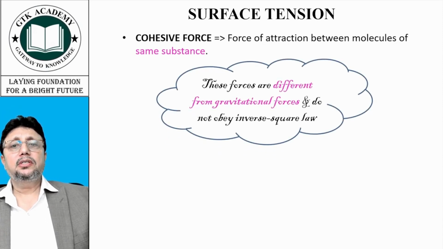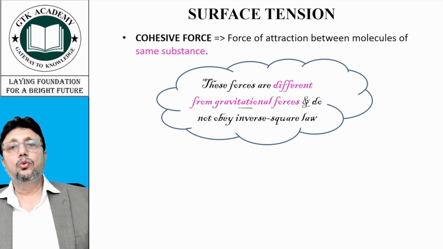But these forces of attraction are different from gravitational force, and they do not obey the inverse square law. What is the inverse square law? Suppose this is a body of mass m1 and this is a body of mass m2. There is a force of attraction between them. Suppose they are placed d distance apart.